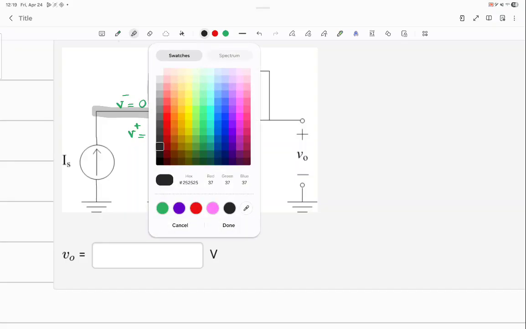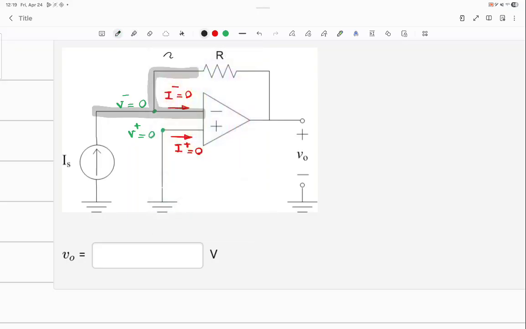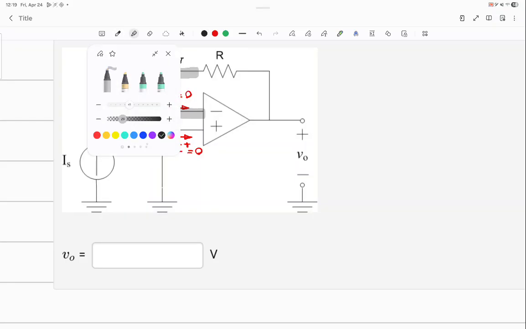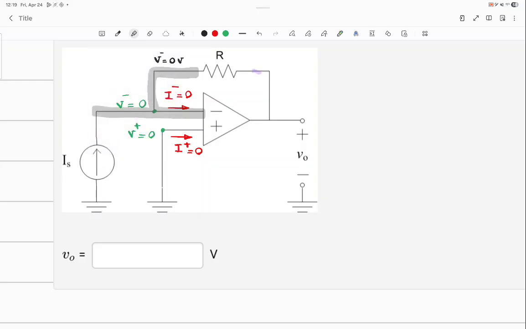So let me write it here: this is V negative equal to 0 volts. And can you tell me what is the voltage at this node? That is VO.